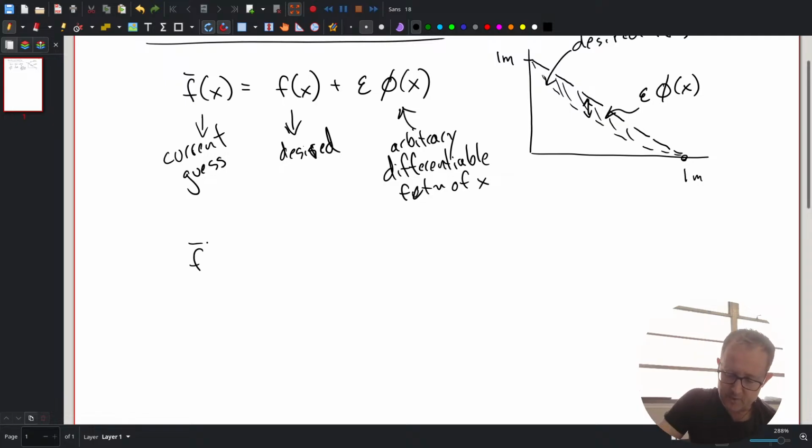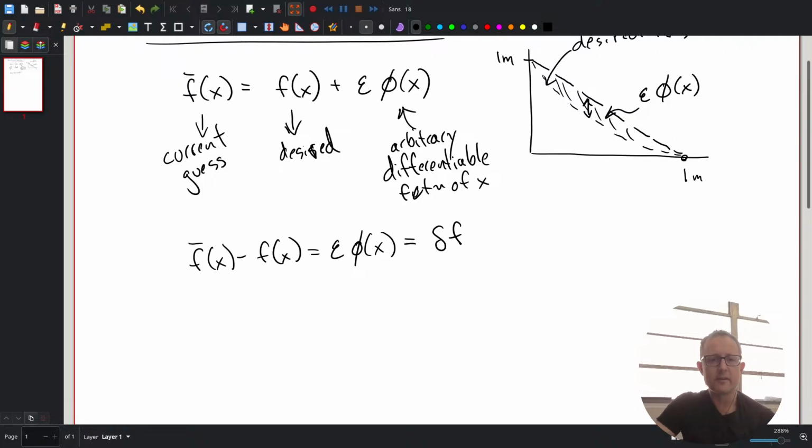So f bar of x minus f of x is that epsilon times phi of x, or this is some kind of delta f, where in calculus we talk about the limit as delta x goes to dx. This is very similar.